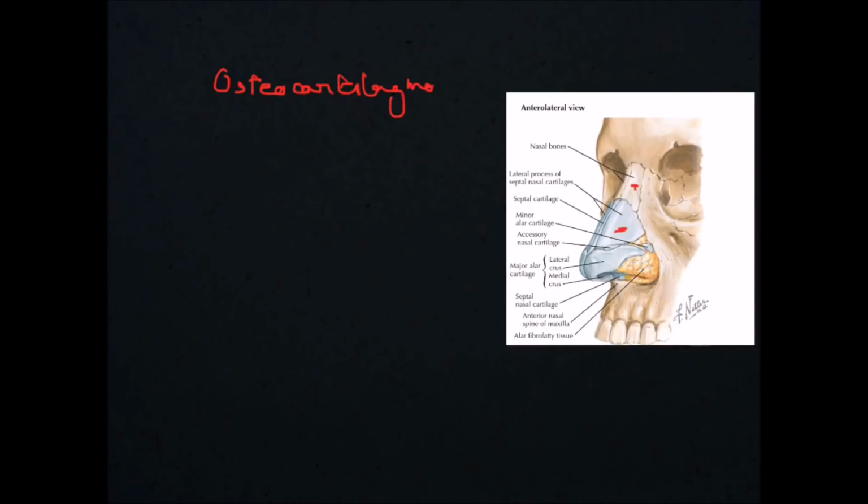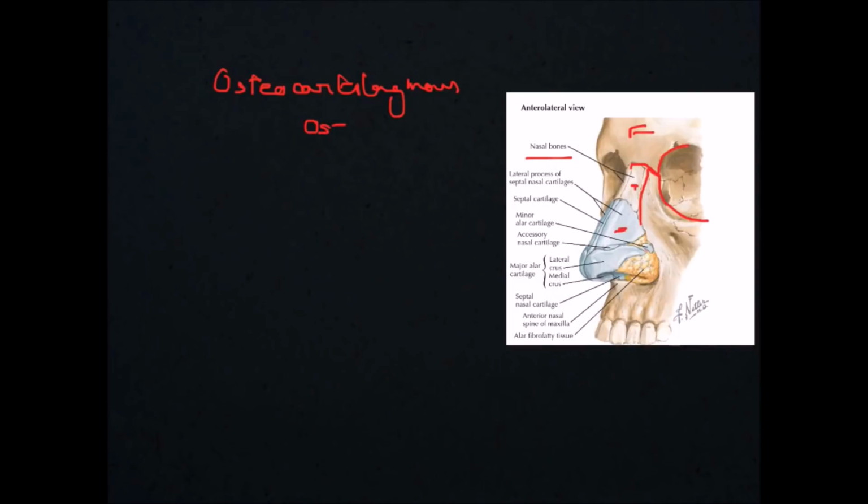So which bones are involved in the formation of the external nose? First you can see the nasal bone, one on each side, the frontal process of the maxillary bone, and the nasal process of the frontal bone. So three bones are involved. Out of them, two are paired and one is unpaired.